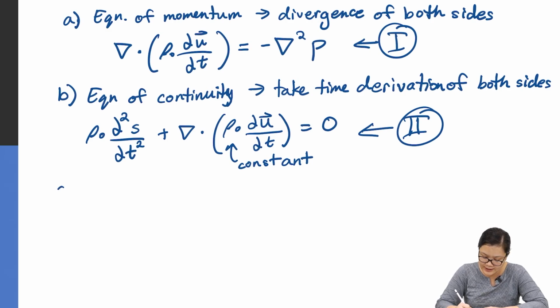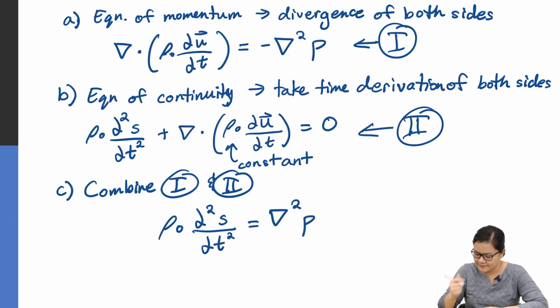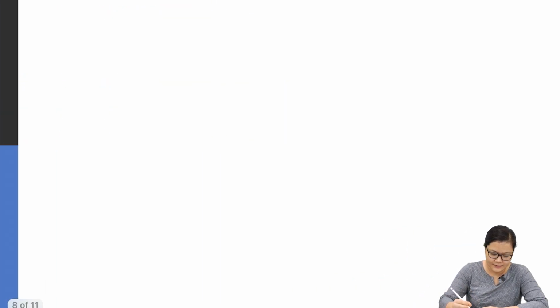Now if we combine the first and second equations, which we just derived, then we would get this equation: rho naught times the second partial derivative of s over t squared equals the Laplacian of the pressure term right here. So now the last step is to include the equation of state.